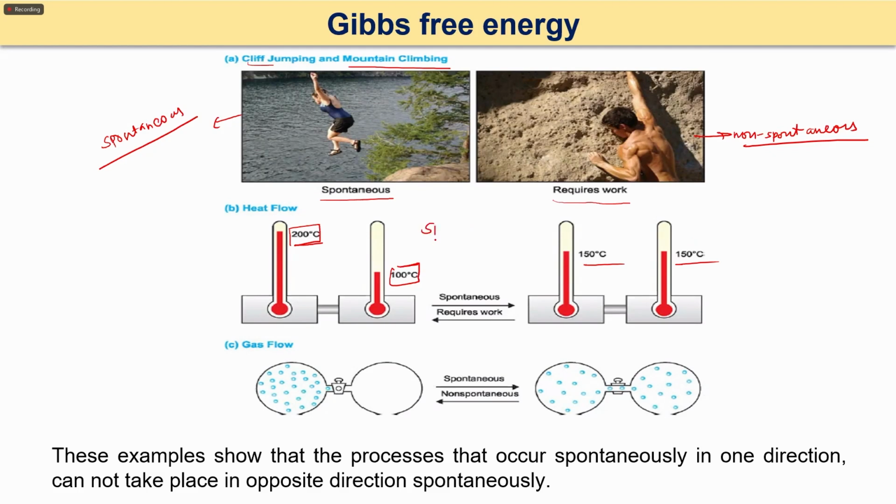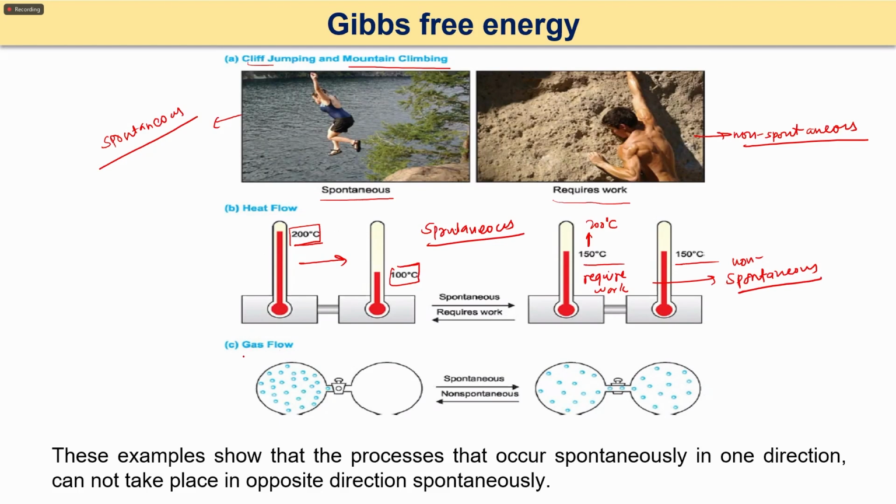This process is spontaneous. However, if you want to increase the temperature of this back to 200 degrees Celsius, it cannot occur spontaneously. You will require energy, so it will require work. This process is non-spontaneous. Going from this to this is spontaneous, but the reverse is non-spontaneous because it will require work.